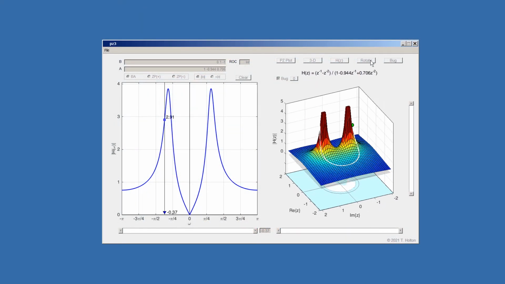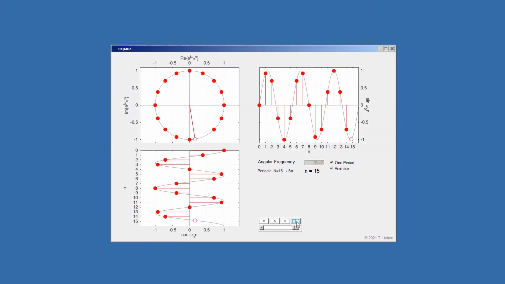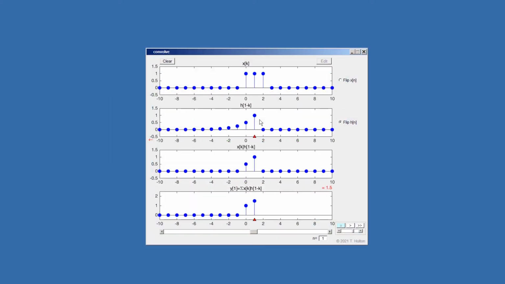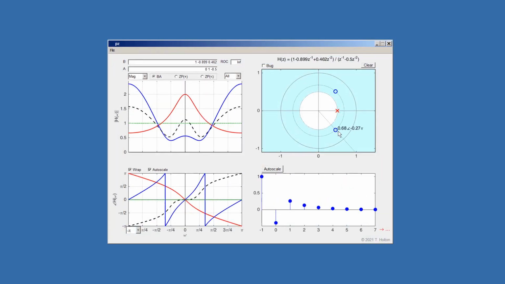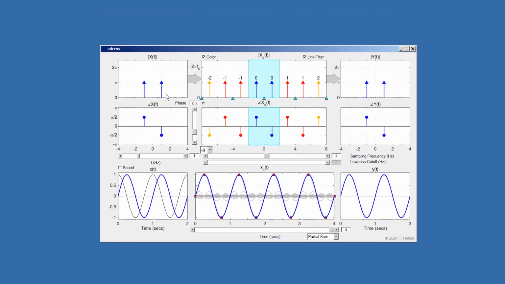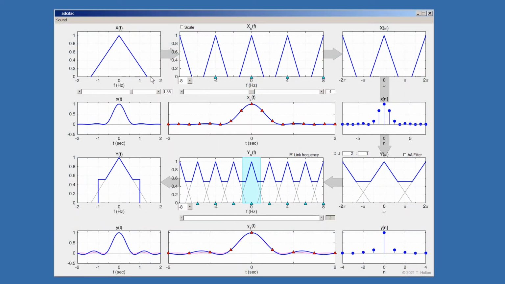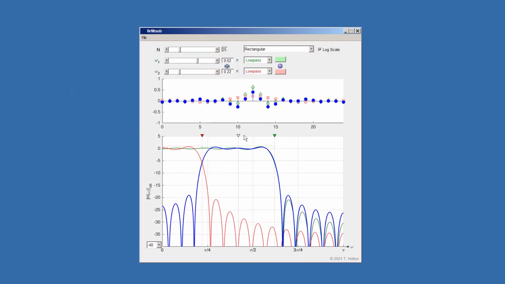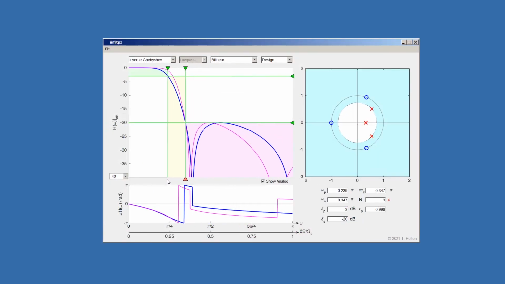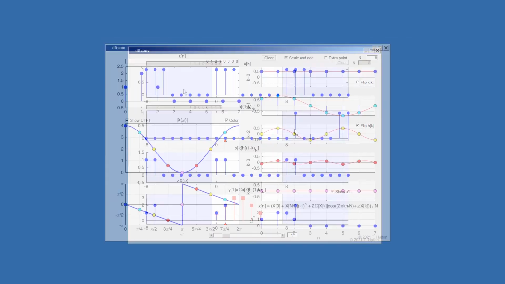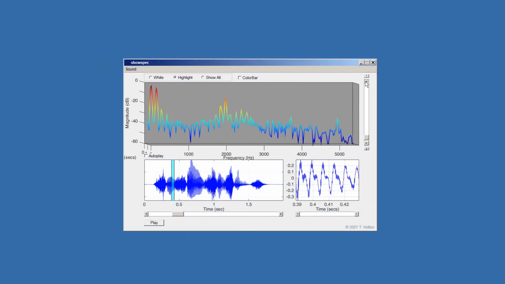There are now well over 24 programs covering many aspects of the material in the book, including complex exponentials and sinusoids, convolution, the DTFT, pole zero plots and their relation to frequency and impulse response, A to D and D to A conversion, including upsampling, downsampling, resampling, and aliasing, the design of many types of FIR filters and their application to the filtering of speech and other signals, the design of IIR filters, circular shift and convolution using the DFT, the discrete cosine transform, and the short-time Fourier transform.